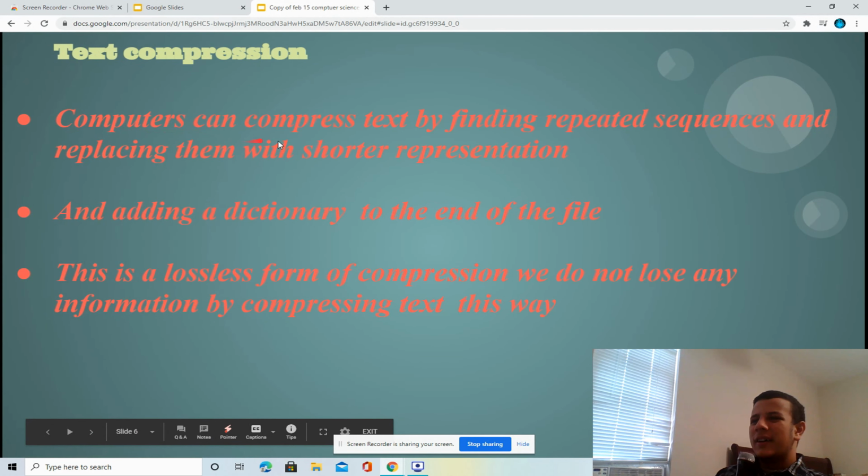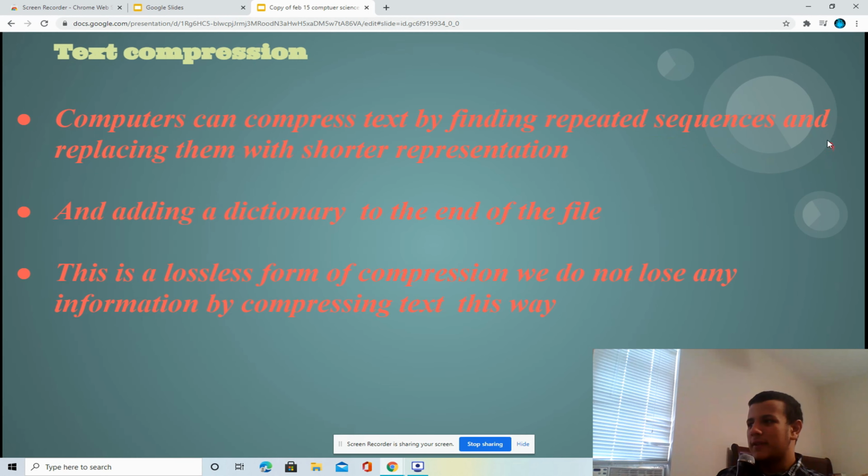Text compression. Computers can compress text by finding repeated sequences and reducing them with shorter representations, and then adding a dictionary to the end of the file. If you'll remember, from our example, we took "great" and turned it into the number 8 and the letters GR, GR8.